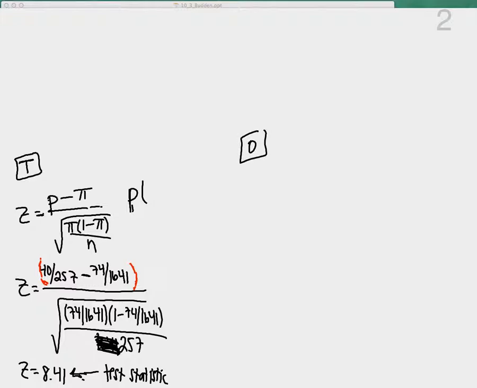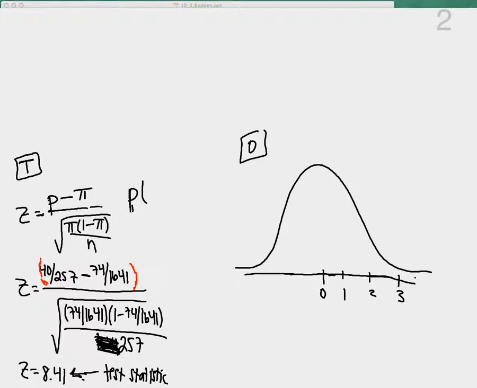Okay, so for O, you're going to be drawing a normal curve. This curve is the sampling distribution of P. So first thing that you want to do is put the standard normal labels. So I have 0, 1, 2, 3, -1, -2, -3, etc. Now 74 out of 1,641, that's what we're assuming pi to be.